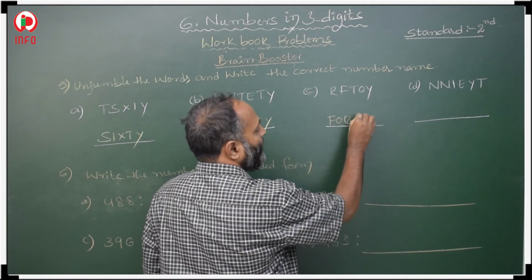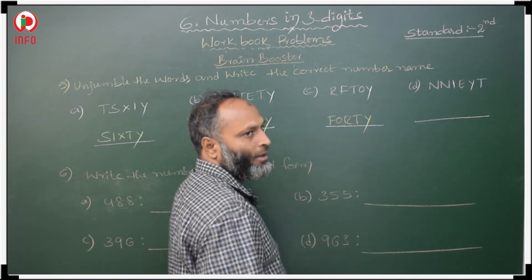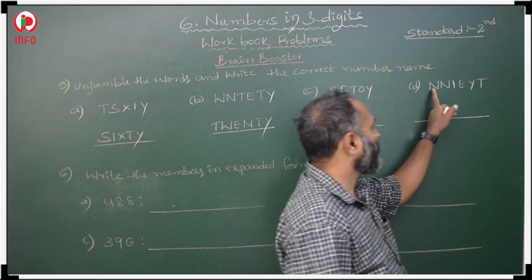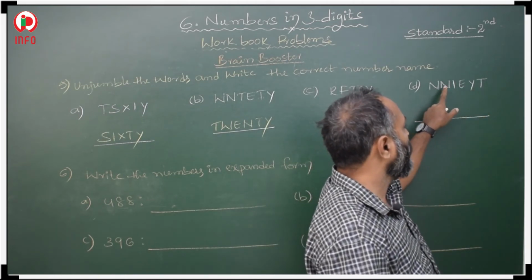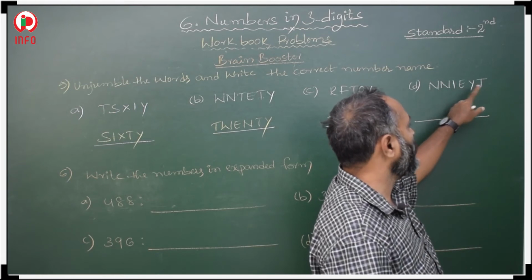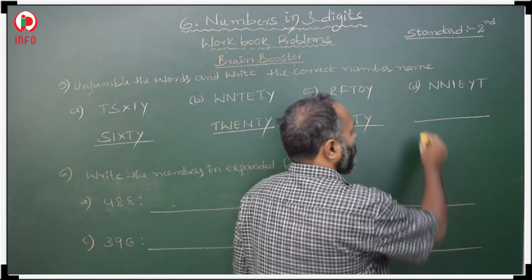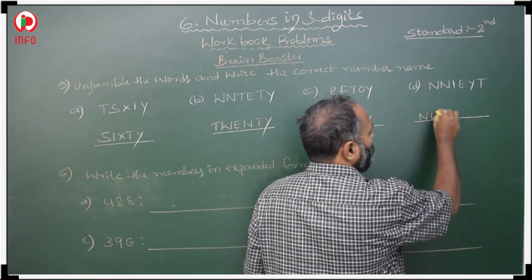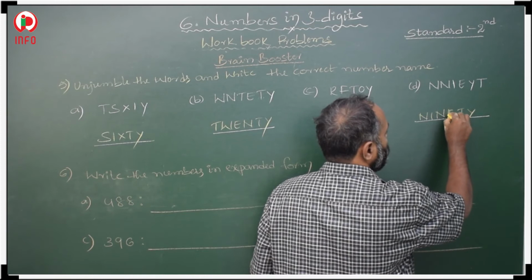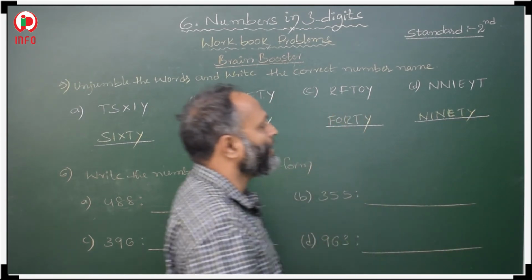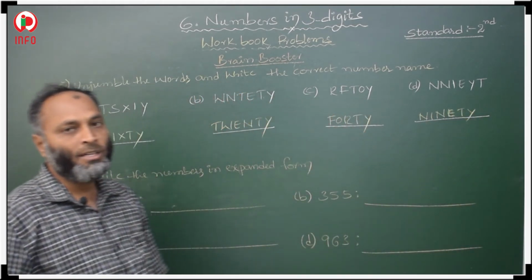Next N N I E Y T, it is N I N E T Y, 90. So in this way we have to make the words correct.